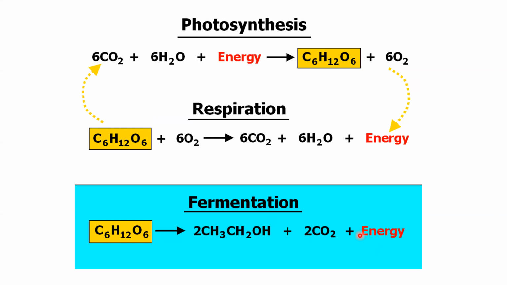So fermentation can be used for ATP synthesis, and cellular respiration is used for ATP synthesis. Photosynthesis is used for sugar synthesis.